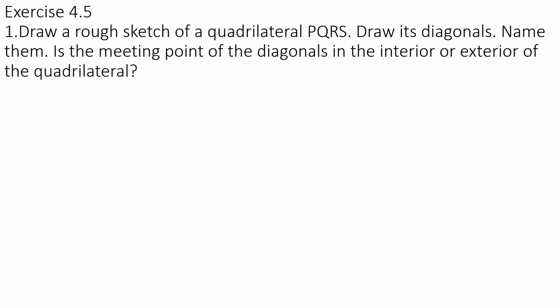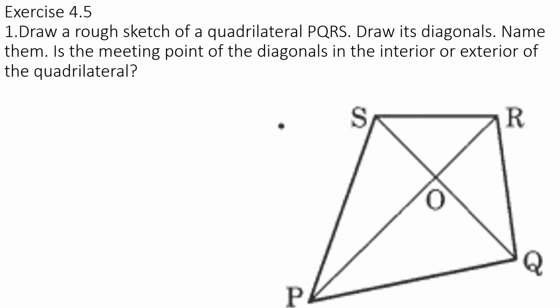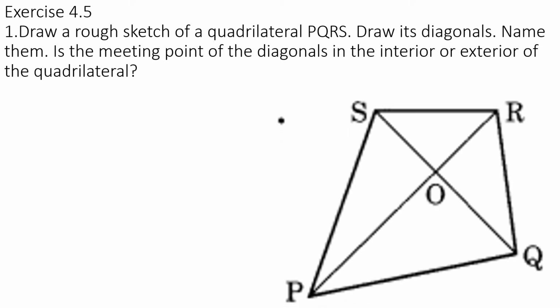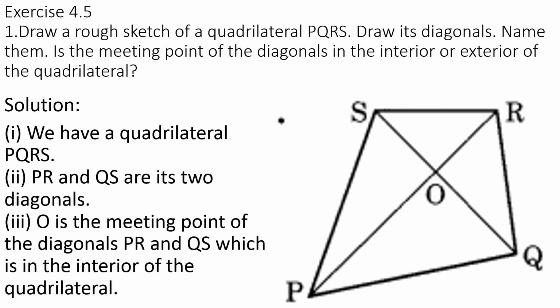Let us draw the diagram now. Here I have drawn the quadrilateral PQRS. See, PR and QS are its two diagonals. What are the two diagonals here? PR and QS, both are diagonals. Where do the diagonals meet?